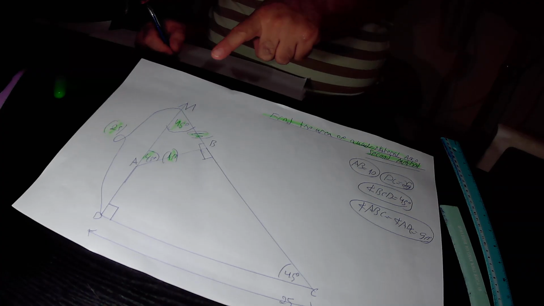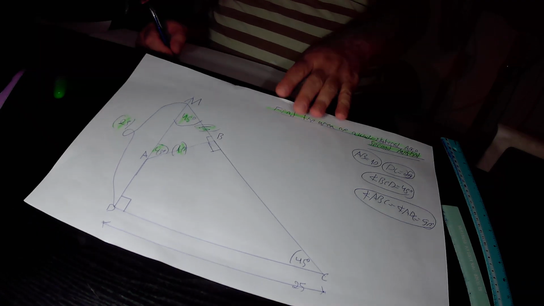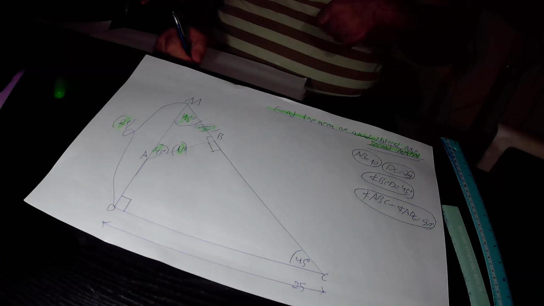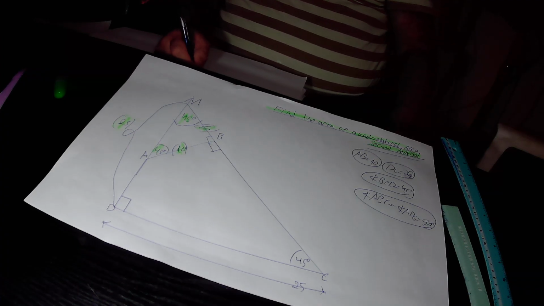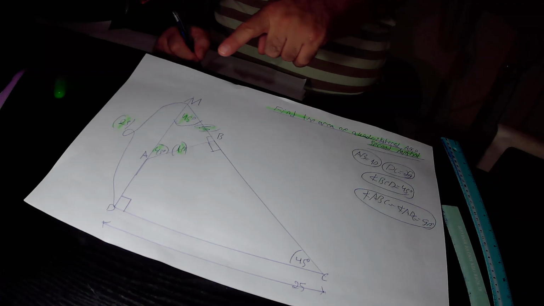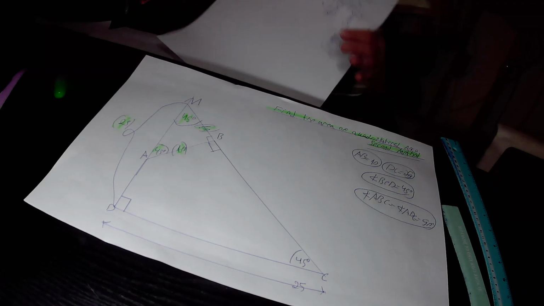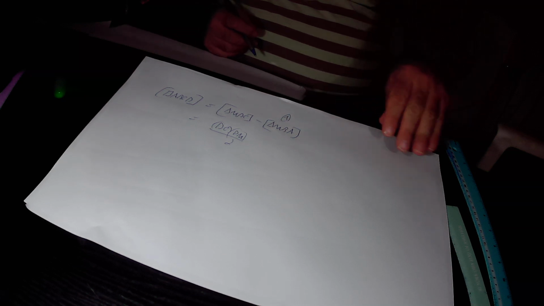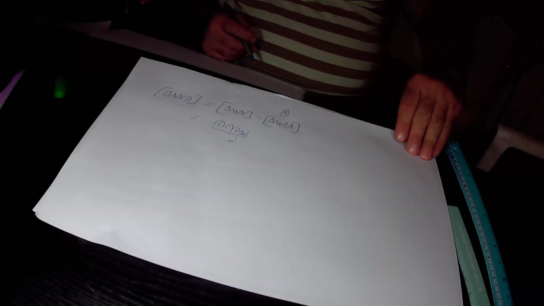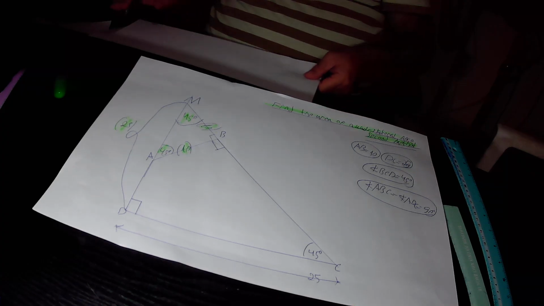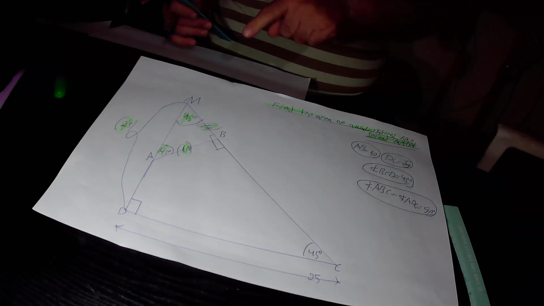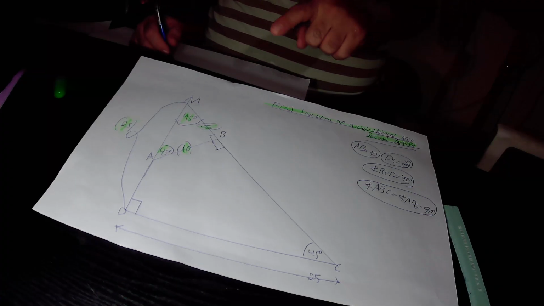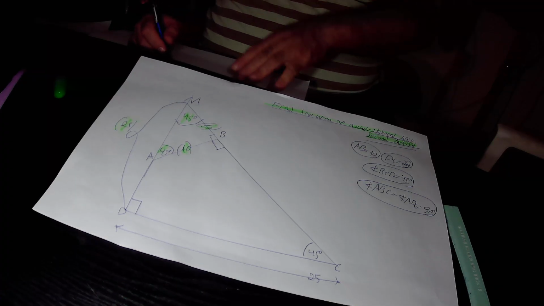The area of the big right triangle MDC equals the base DC times the height DM over 2. Again, the area of this big right triangle MDC is equal to the base DC times the height DM over 2, minus the area of this small right triangle MBA.